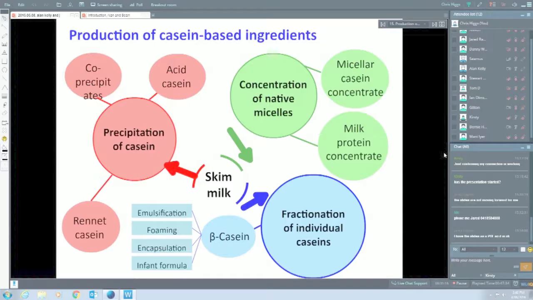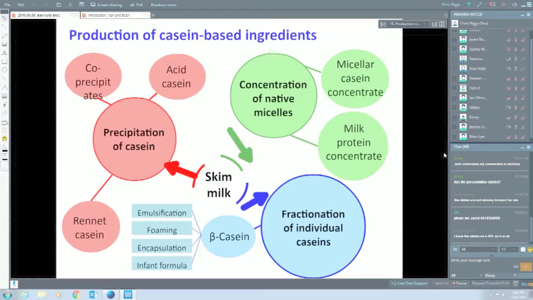So a lot of work is being done at the moment across the world in the areas of foaming, emulsification, encapsulation, and targeted delivery applications using beta casein as a functional food ingredient.